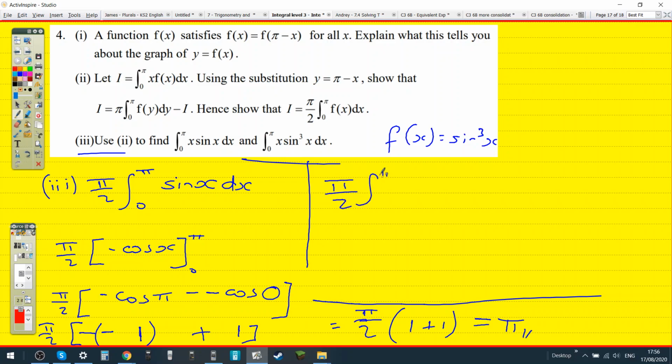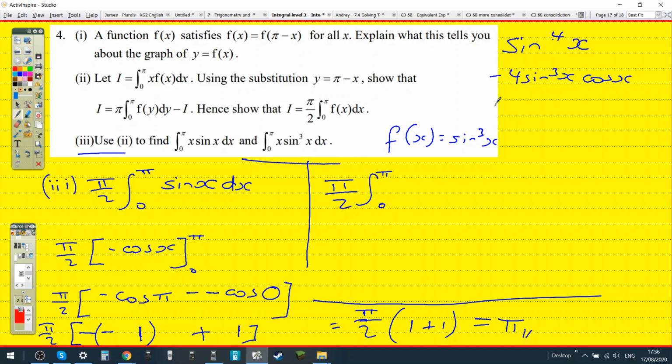minus 1/3 cos something. What would be the derivative of sine to the 4x? 4 sine cubed x times minus cos x times cos x. Hang on.